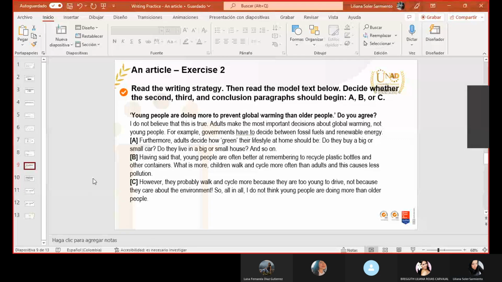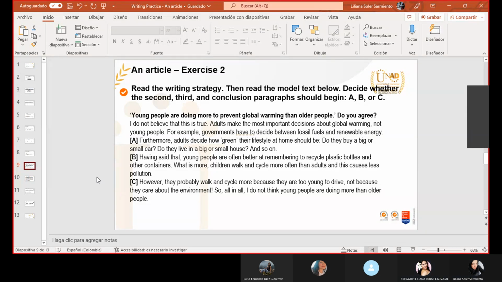More children walk and cycle than adults, and this causes less pollution. Is this the third paragraph? The second paragraph is C. However, they probably walk... Yes, the third paragraph, letter C, yes.